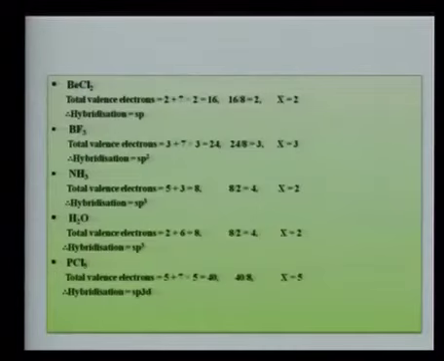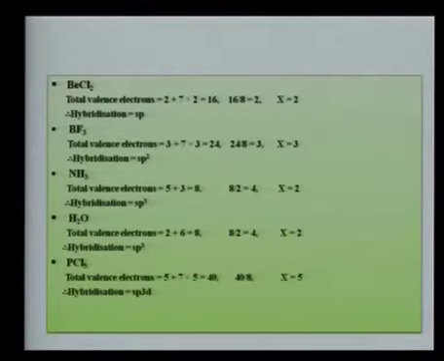Now we can take some examples here. BeCl2: I have just given you the formula. H is equal to half of the surrounding atoms, 2, plus the number of valence electrons, 2, minus the 2 Cl, so you will get sp type of hybridization.